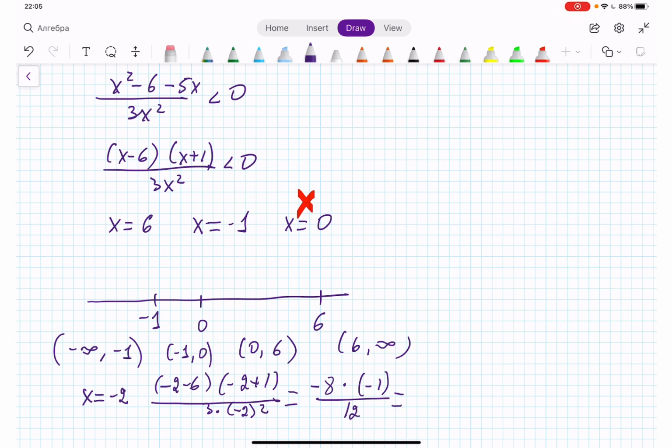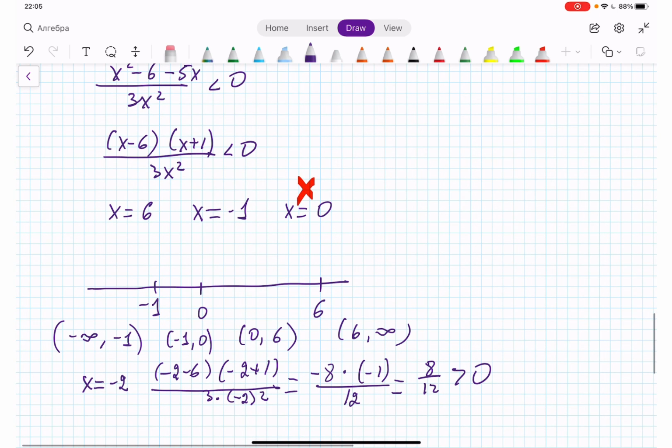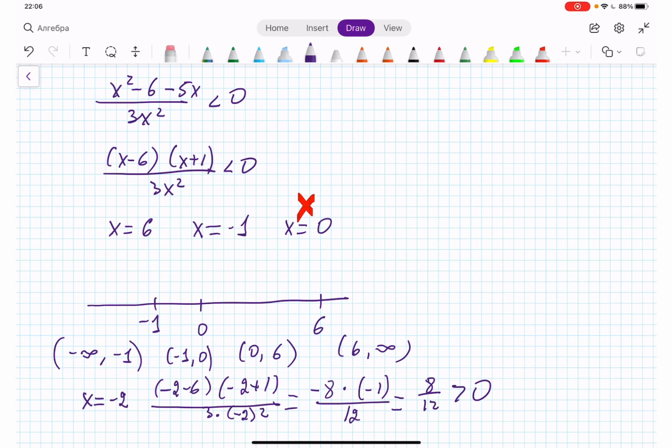So we are getting negative number, right? No, positive actually. -8 times -1 is positive. So 8 over 12, I don't care about simplification. It's going to be positive, which means it's falling out, because we need the less than. So this is going to be positive. Okay.